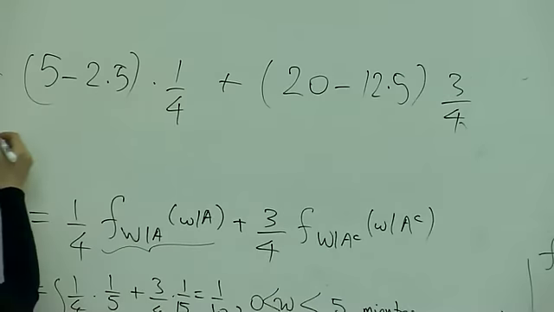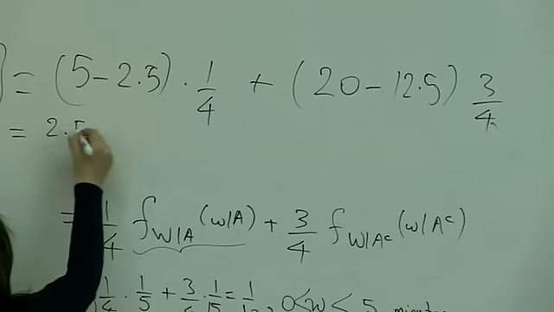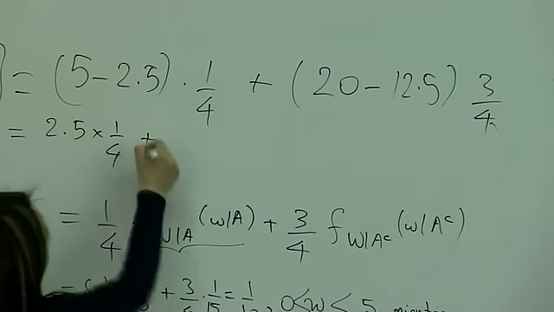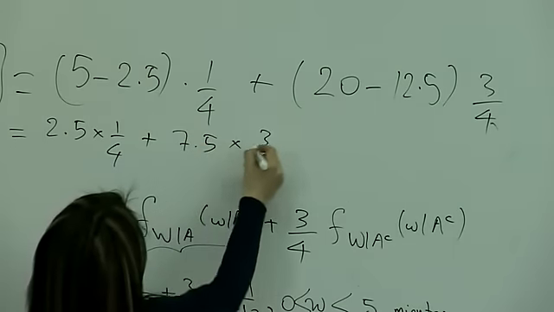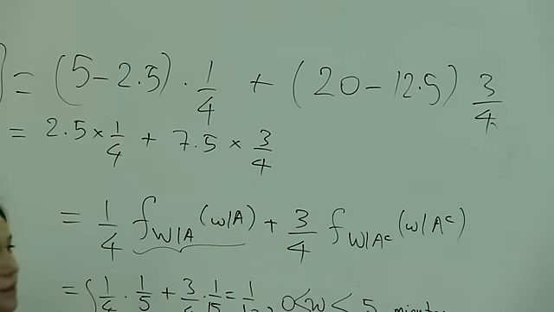So what do we get? 2.5 times 1 over 4 plus 7.5 times 3/4. And that is our expected waiting time.